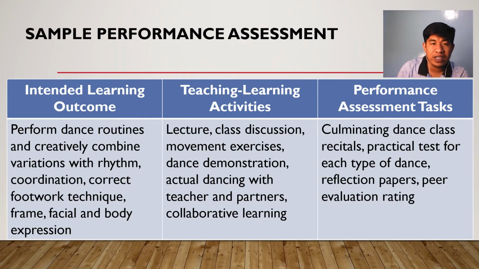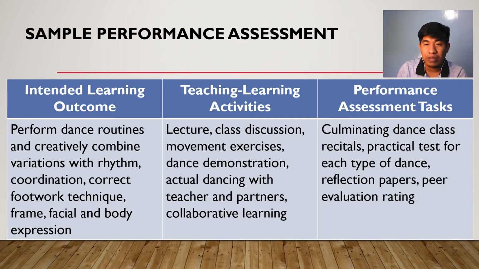Now we have here a sample performance assessment. As you can see, there's a table that has three columns. First column, we have intended learning outcome. Under this column is simply the target, the learning objective. Second column is the teaching learning activities. This represents all the activities to be done by both the teacher and the students in order to achieve the learning outcome.